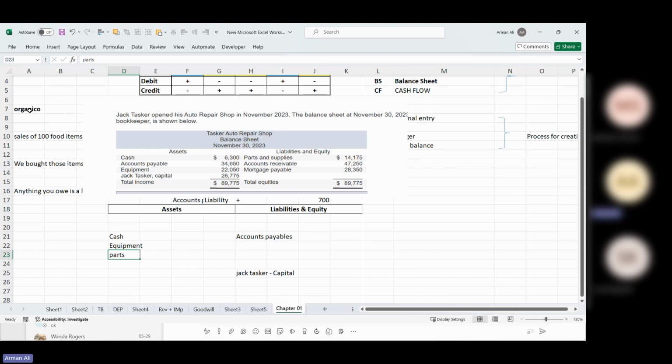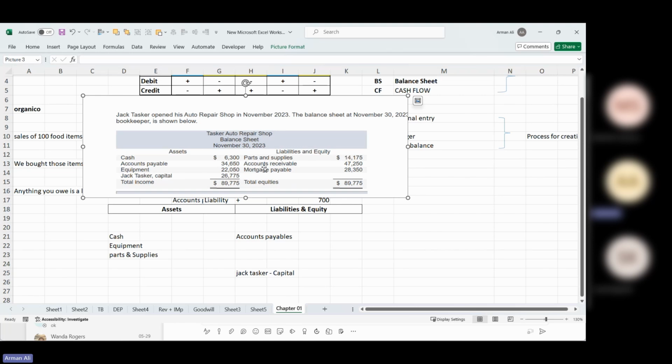For example, in our Organico business, tacos was not our inventory, but the items used to produce tacos was our asset. They were our supplies and inventory or parts, whatever you want to call it. But taco was our final product, and that is the one we sold. So I'm going to call parts and supplies our asset. The next thing is accounts receivable.